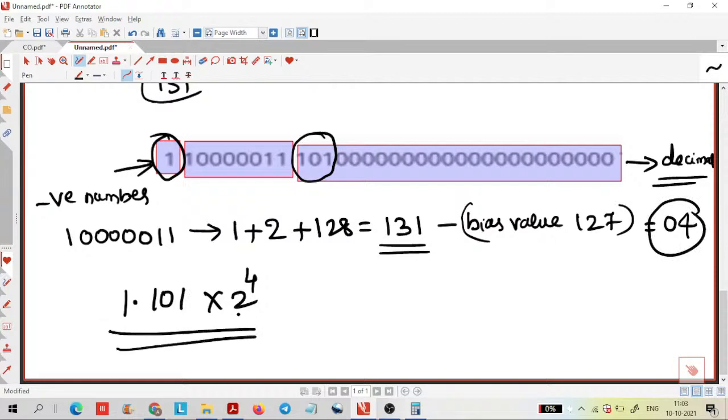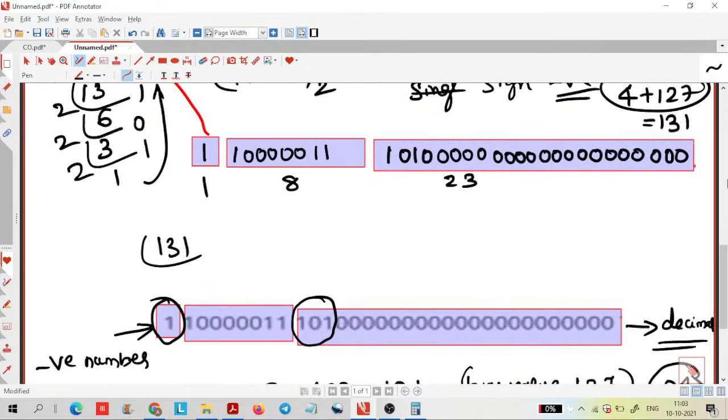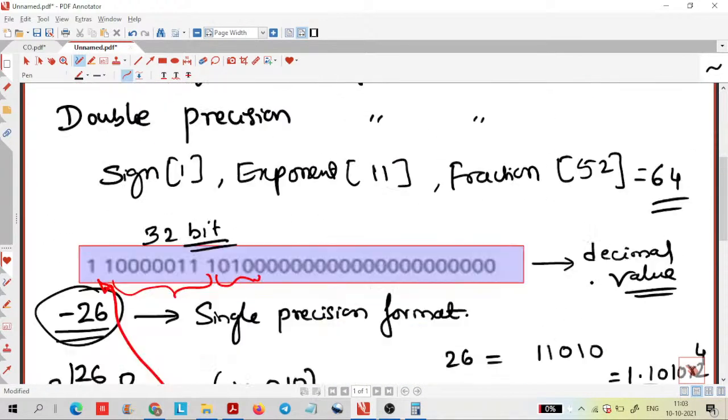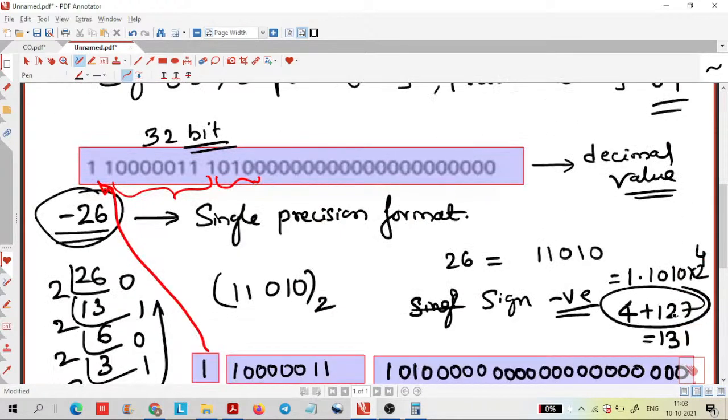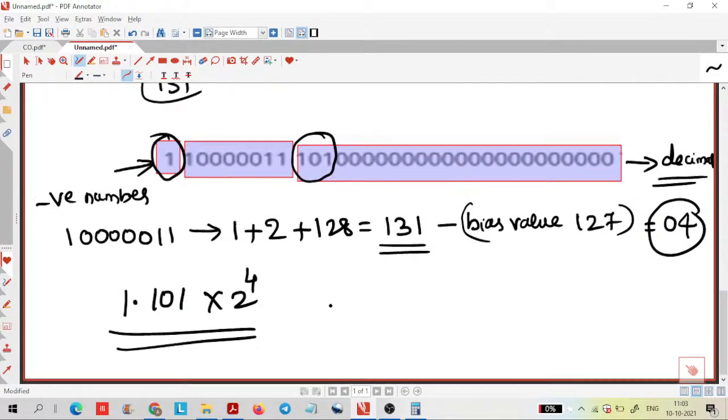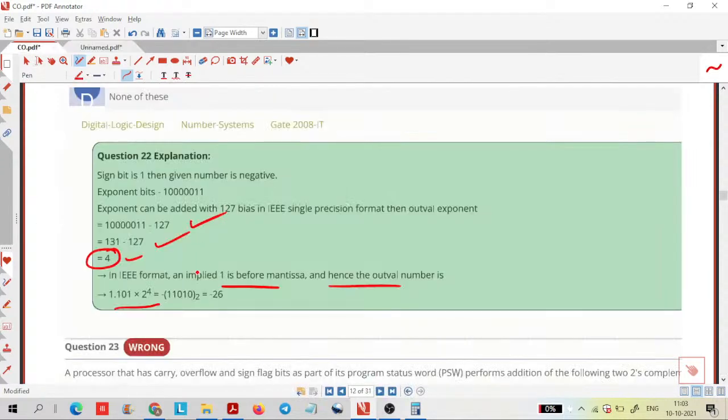Okay, so this is the exponent value, because in the earlier case while converting the reverse way we added the 127 to 4. Now it is reverse. Okay, so 1.104 into 2 raised to 4, this is the value.